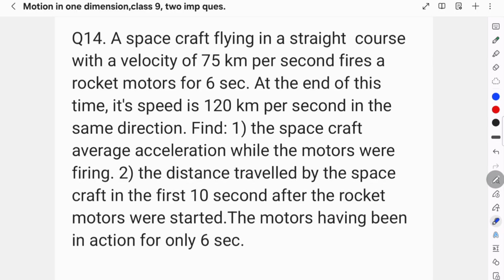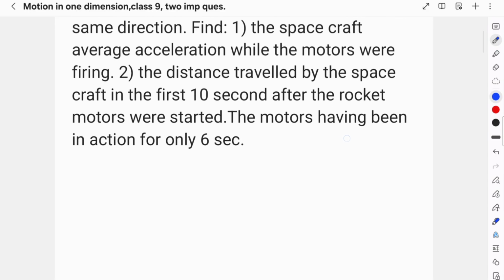Okay, so let's look at the solution of this numerical. Let's see the given data for the first part. So now we know the initial velocity of the aircraft is given as 75 km per second.